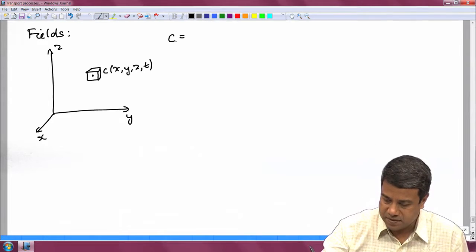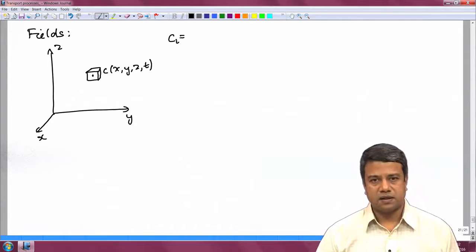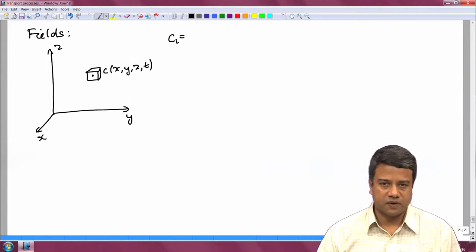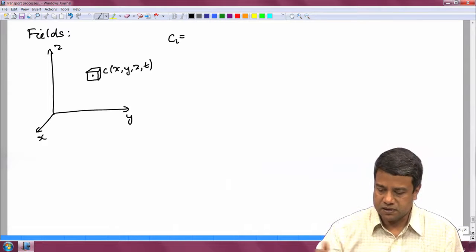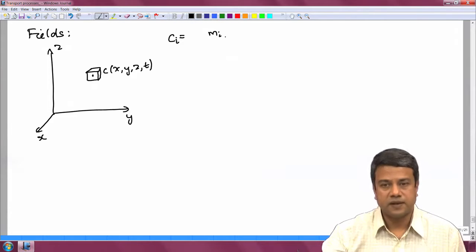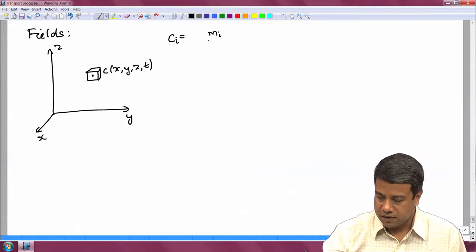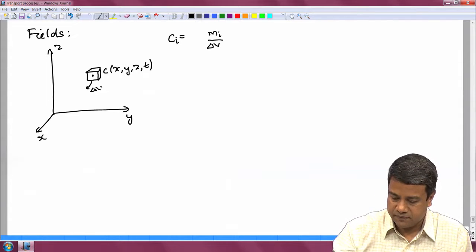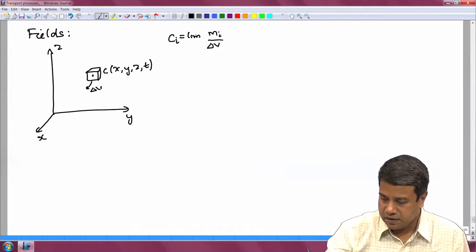Let us say species I. Let us say you have a multi-component system with many species, with many different types of molecules in there. The concentration of species I is equal to the total mass of species I divided by the volume, where delta V is this volume, in the limit as the volume goes to 0.